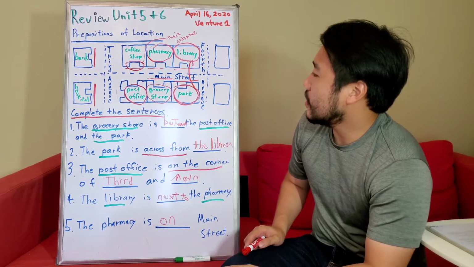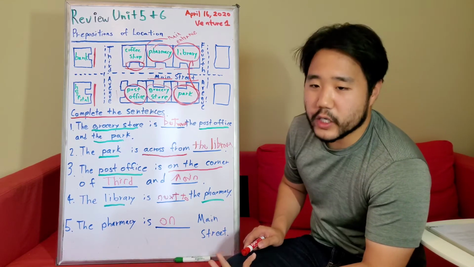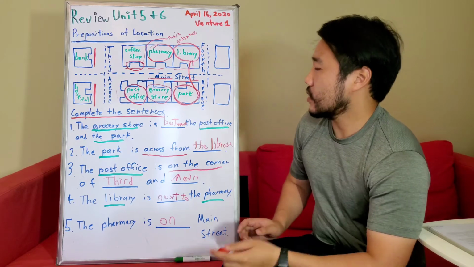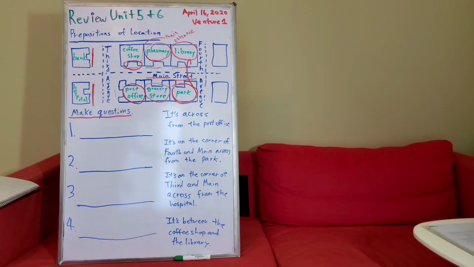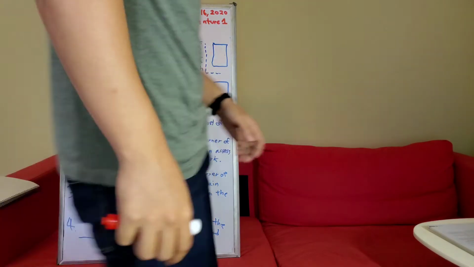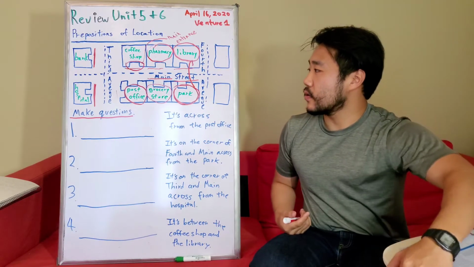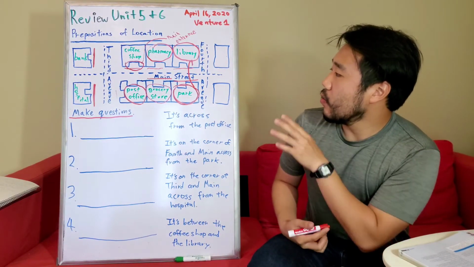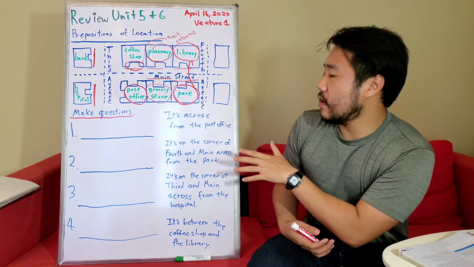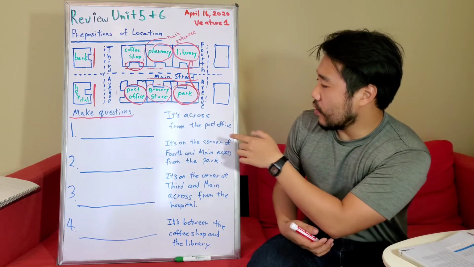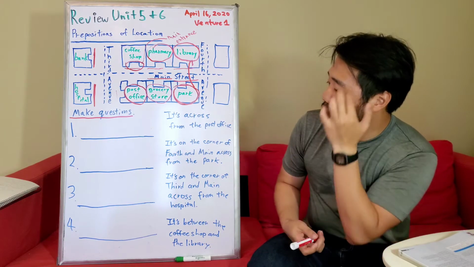We're gonna do another exercise, and it's about making questions, okay? So now, we're gonna use the same map to make questions for each answer that's shown here.